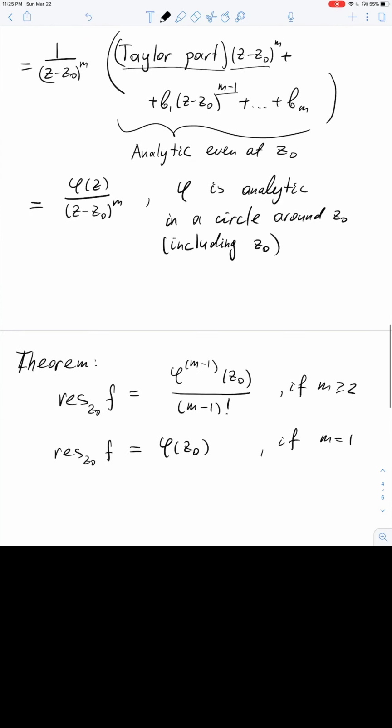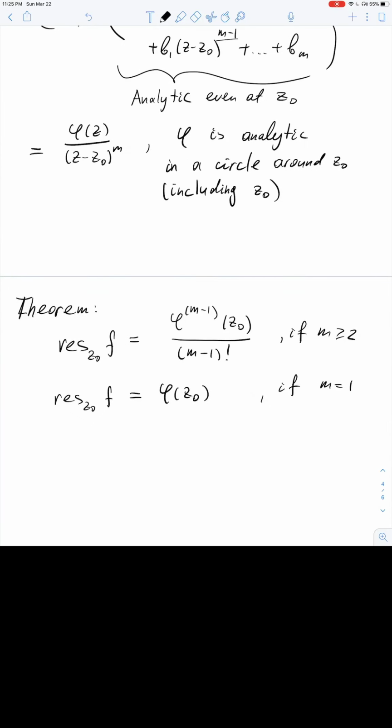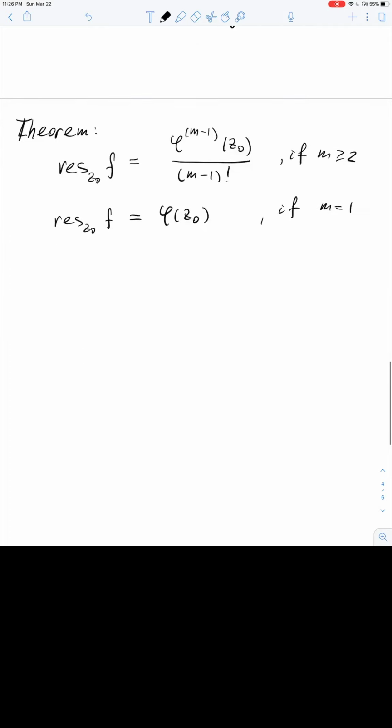Because if m is equal to 1, then let's look back here. Hope you see what I'm circling. We see that phi is analytic, so phi(z), we cannot look there anymore, is some, let's call it alpha, I won't have any denominators yet, some alpha 0 plus alpha 1 times (z minus z0) plus so on, and I'm doing case m equal to 1.